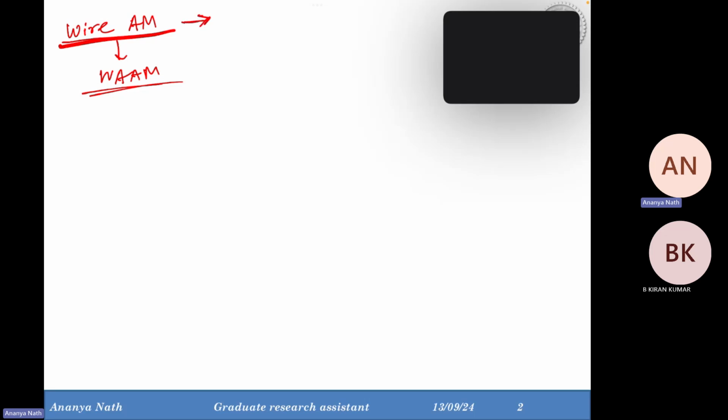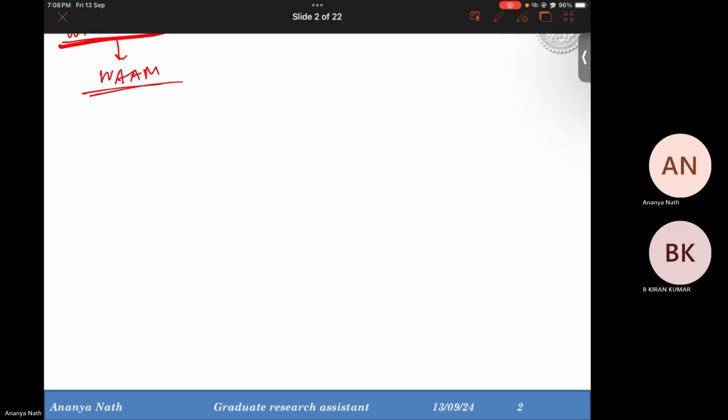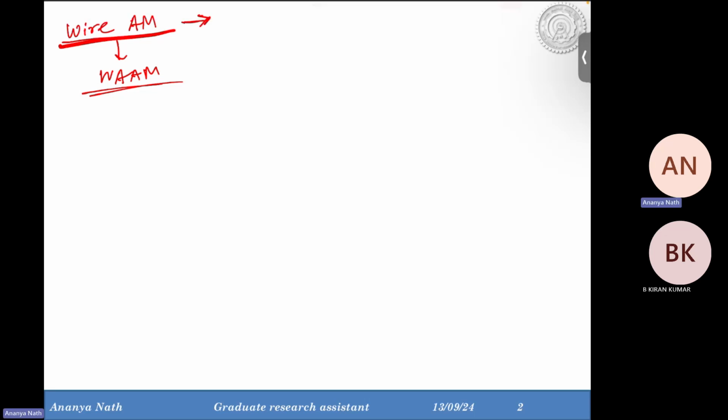Additive manufacturing has 7 categories according to the ASTM standard. In which category does this WAAM come? Do you know? Any idea?